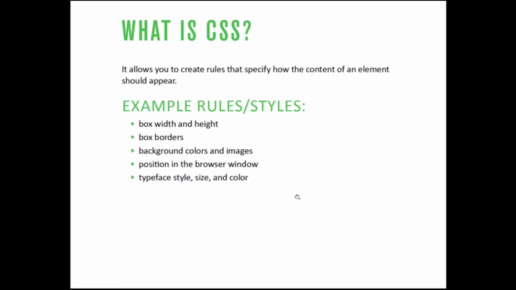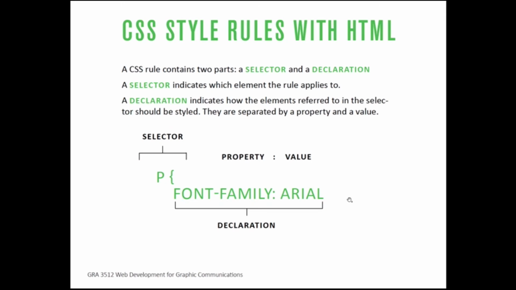CSS style rules, we can look a little bit at the HTML code. It really contains 2 parts, the selector and then the declaration, and the declaration includes property and value. You can have more than one property. In this case, we have a paragraph selector. The property is the font family, and it's assigning a value to the property, so the Arial font is what's being assigned to this property.